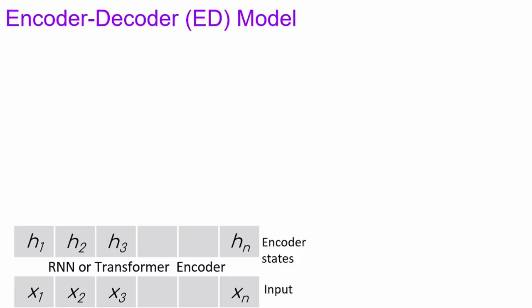You take this discrete input sequence and create for each input token a vector representation which intuitively captures the contextual meaning of each word. Think of H3 as a soft representation of X3 in the context of the full sentence.